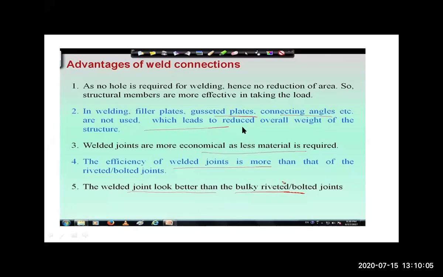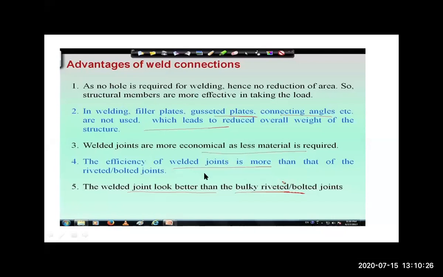Now, if we are choosing the welded connection instead of a bolted or riveted connection, there are some advantages of welded connections. The first advantage is that no hole is required for welding.